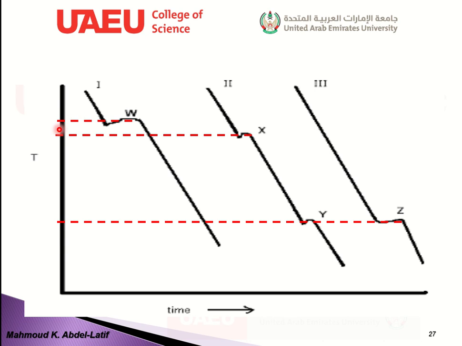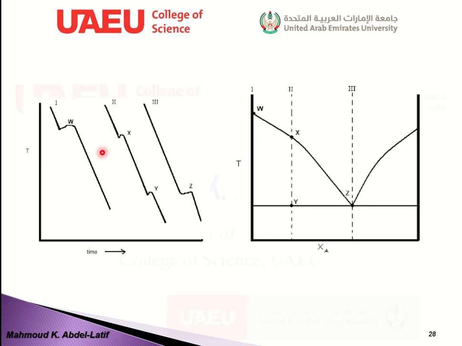This comes from the data acquisition or Logger Pro device, and later on you are going to plot ln of the mole fraction against 1 over T. So again, you have different temperatures in Celsius, and you can calculate the mole fraction of each mixture.